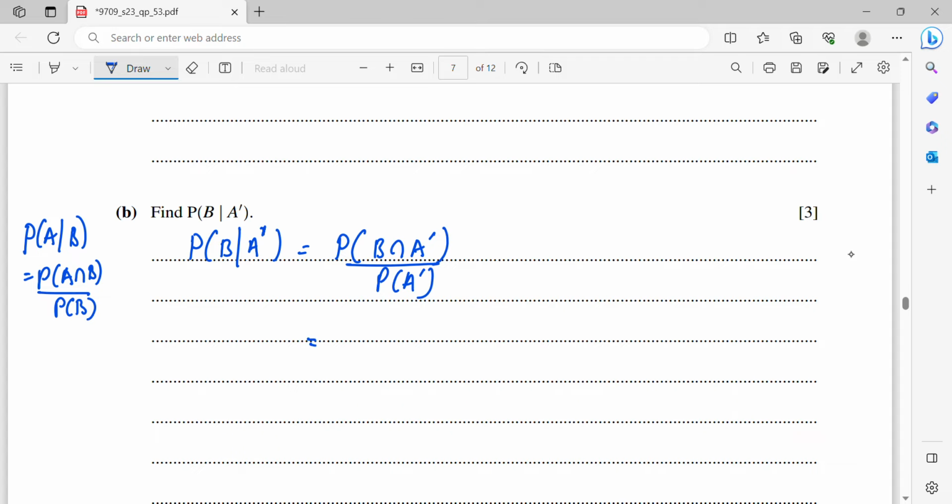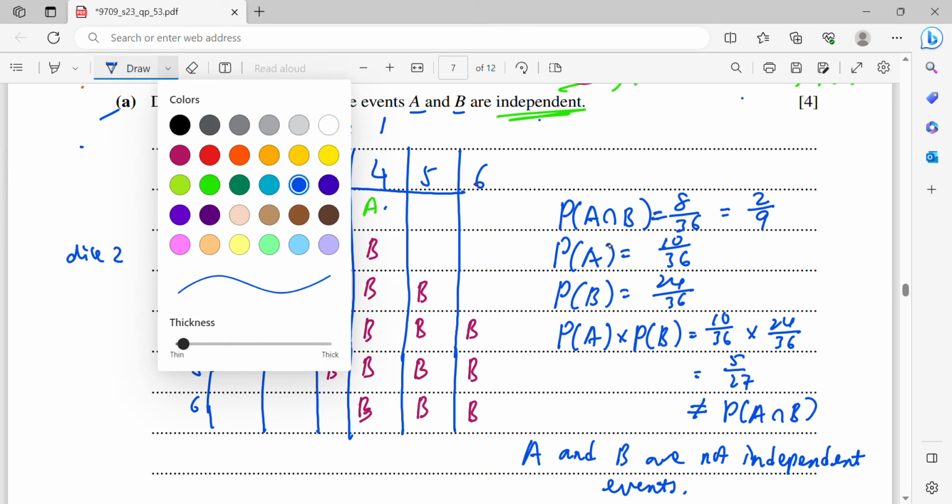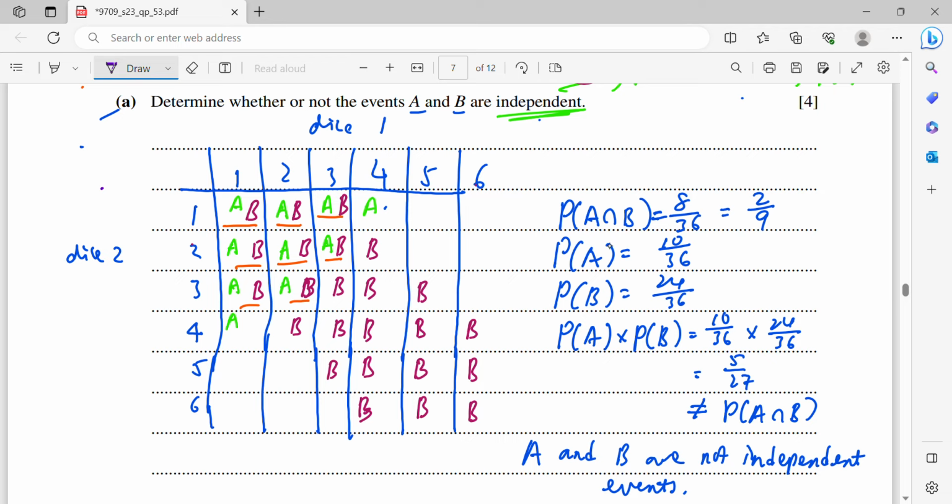So B intersect A prime means those without the A that intersect with the B. There are how many of them? So without the A, but intersect with the B. Okay, so without the A means all this. As long as you don't see A, that means those are A prime.